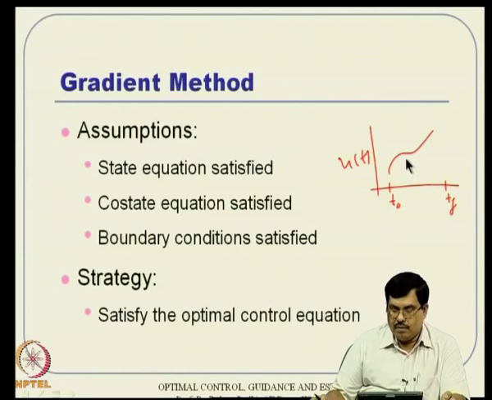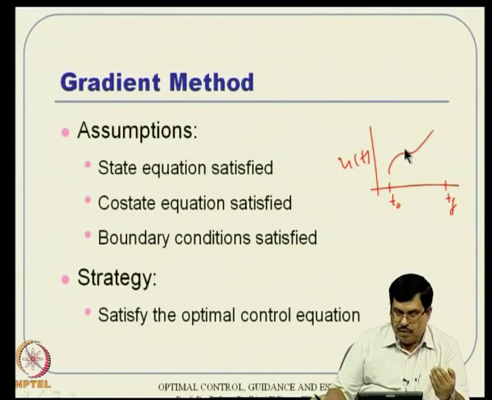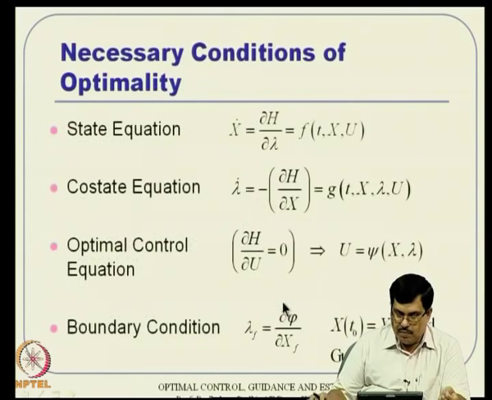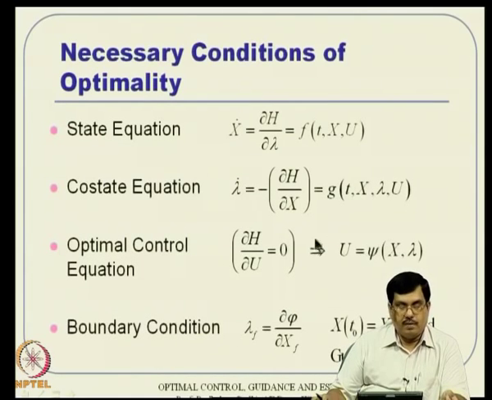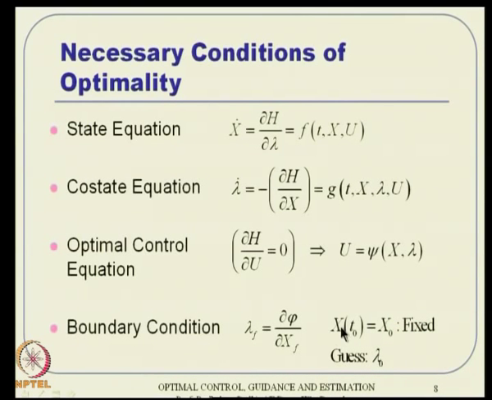So, using all these, you will be able to solve for the required control using this optimal control equation. Let me summarize again. We start with a guess value of the control history. Then we start with an initial condition of the state. Using this state and that guess control, you can integrate forward, get an xf value, and use that xf value to compute lambda f.